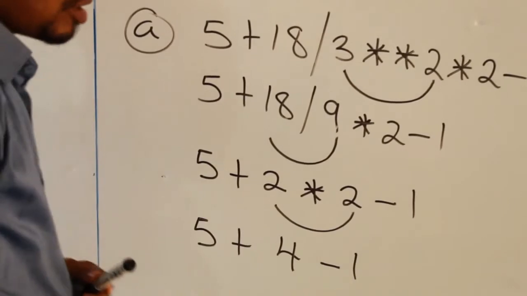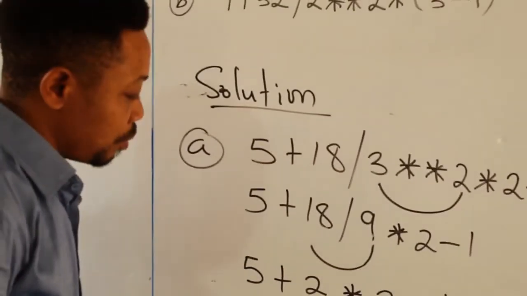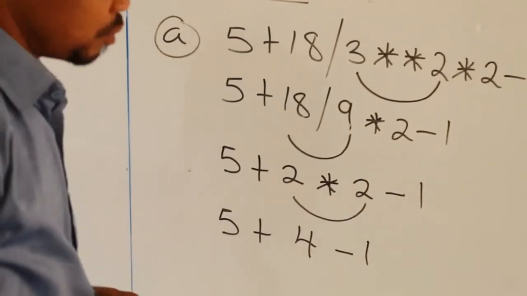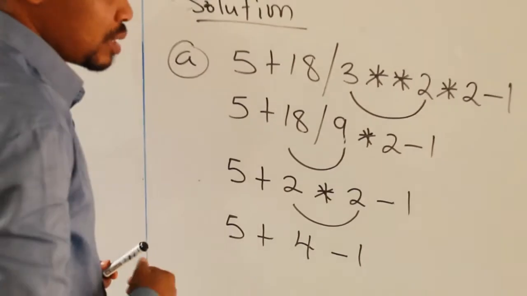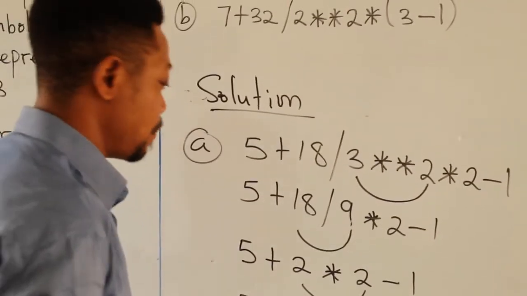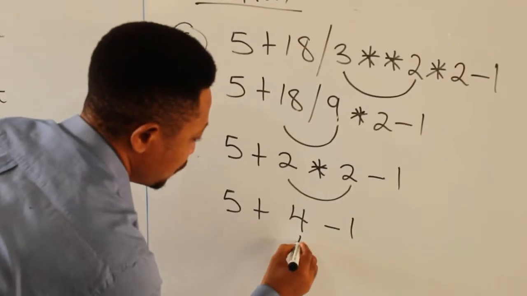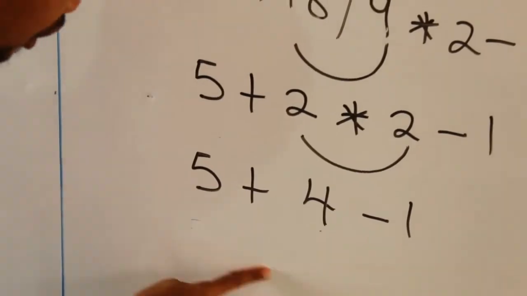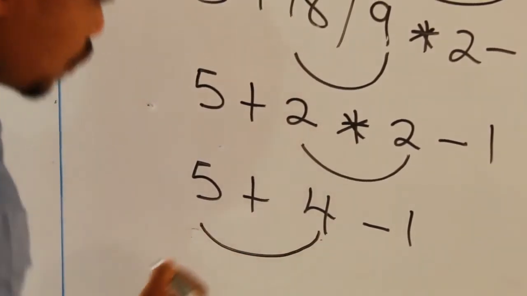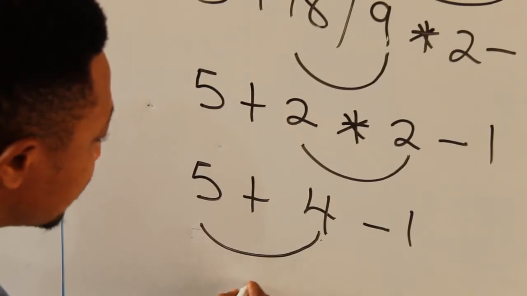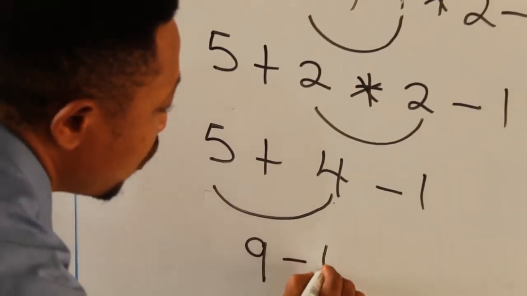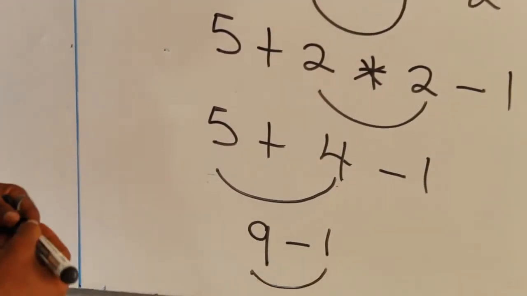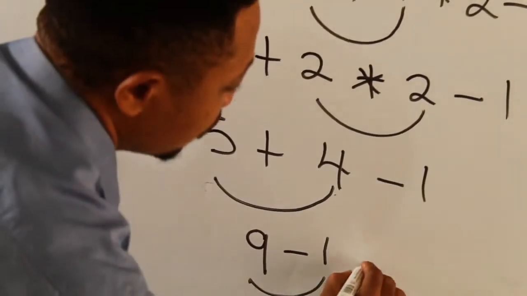Now, plus and minus are on the same hierarchy, so we start from our right to the left, which is the plus sign. So 5 plus 4 is 9. This is 9 minus 1, which is 8.